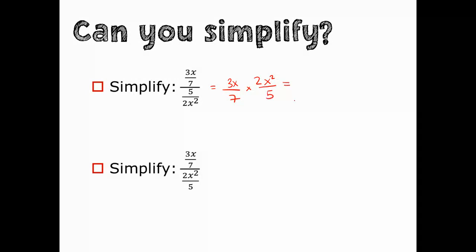And then I'll simplify. When I multiply straight across, we like doing this, it is 6x to the third over 35. Pretty cool.